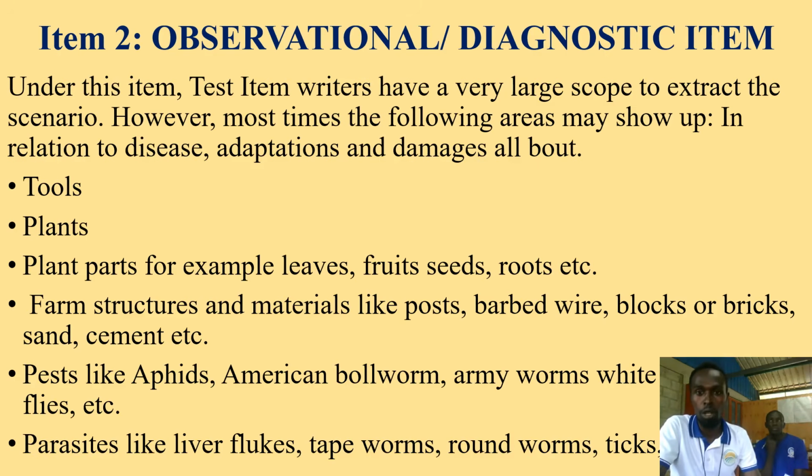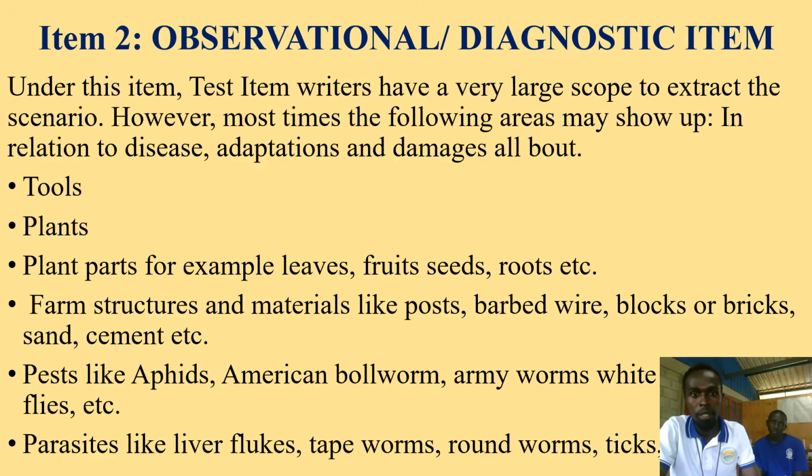This is an observational, diagnostic item. The diagnostic in that you have to examine, turn it around, use the eyes, use the ears, use the tongue, talk to it, examine it and observe its behavior, adaptations, characteristics, and then write your findings.